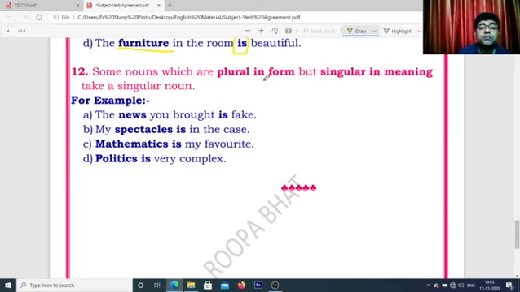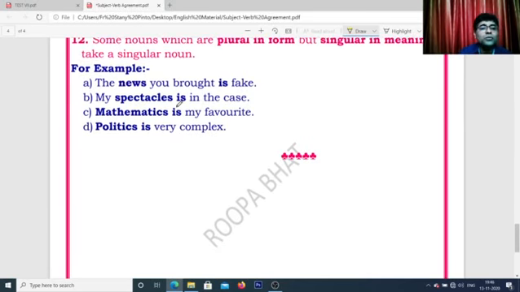Some nouns which are plural in form but singular in meaning take a singular verb. Right, I think you got the answer now. The news you brought is fake. News, like balls, pens, pencils, watches, sounds like plural, but it takes a singular verb.